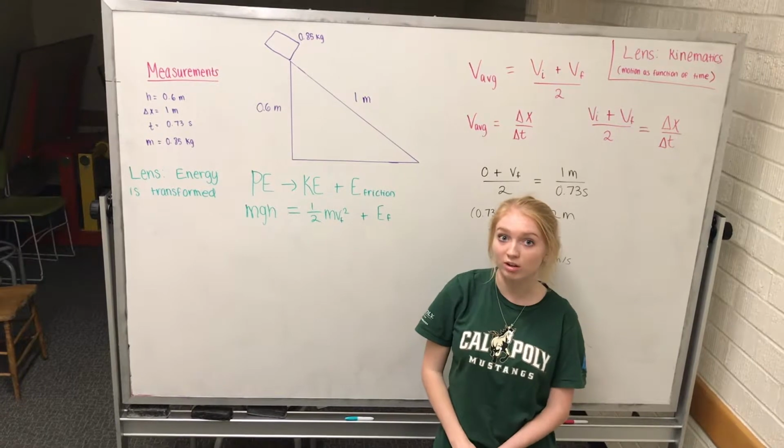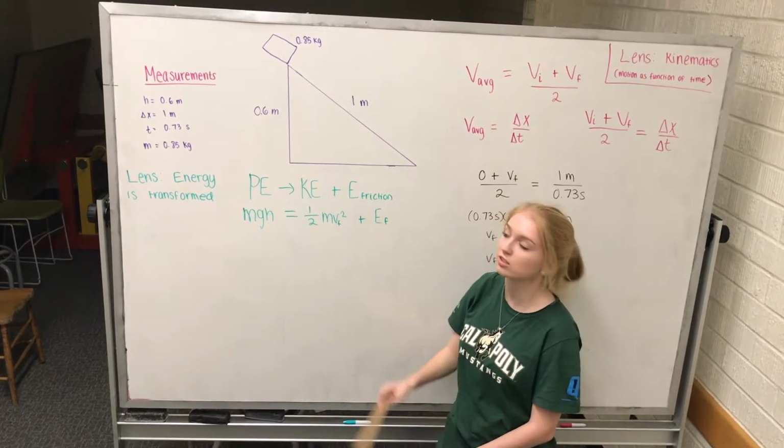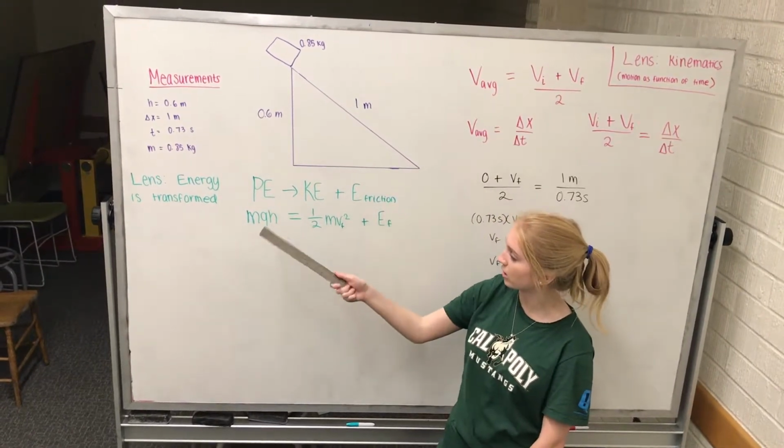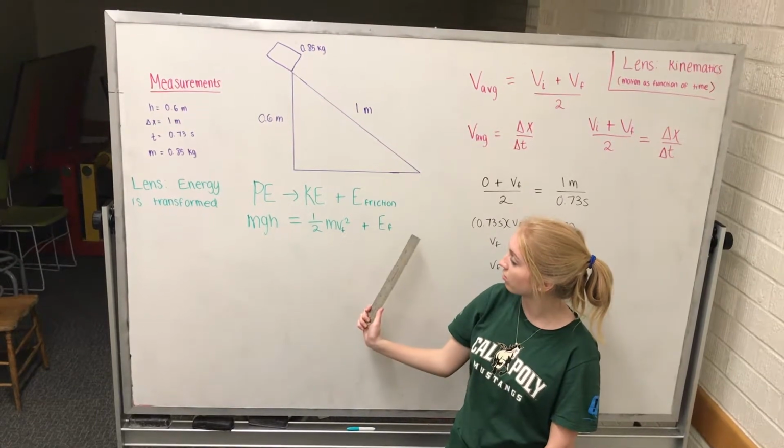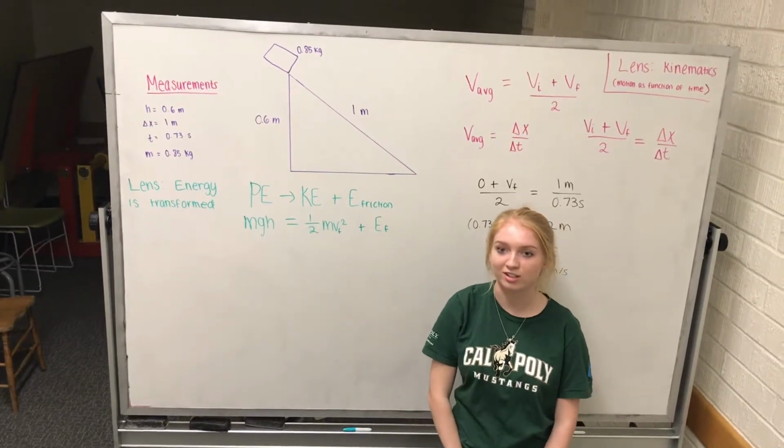And we know that the total energy is conserved, so we can set these equal to each other and solve for the energy lost due to friction.